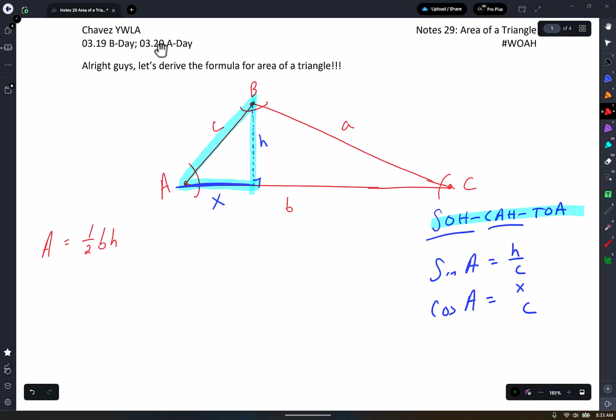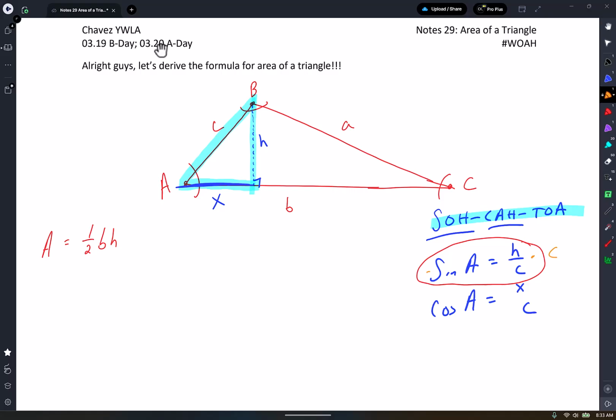All right. So you see how I have this formula here that sine A is H over C? If I multiply this by C, whatever you do to one side, I do to the other, right? So I have H equals C sine A. We're still okay?